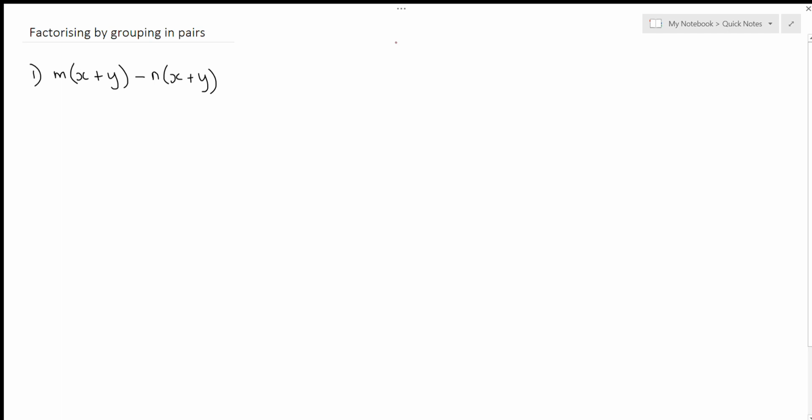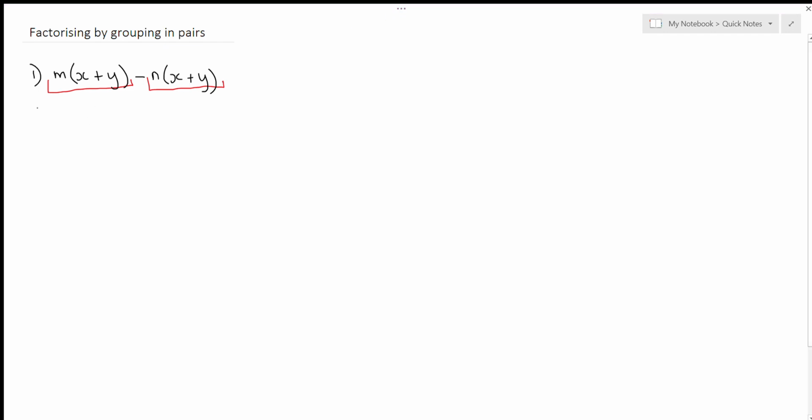Today I'm going to be doing factorizing by grouping in pairs. So here we have an algebraic expression and we need to identify how many terms we have in the expression. So we've got two terms separated by the minus. So we look at each term and you ask yourself first, what is my common factor in each term?